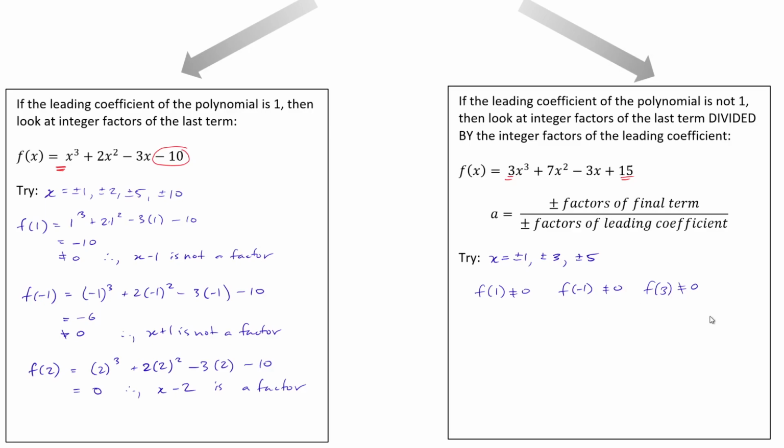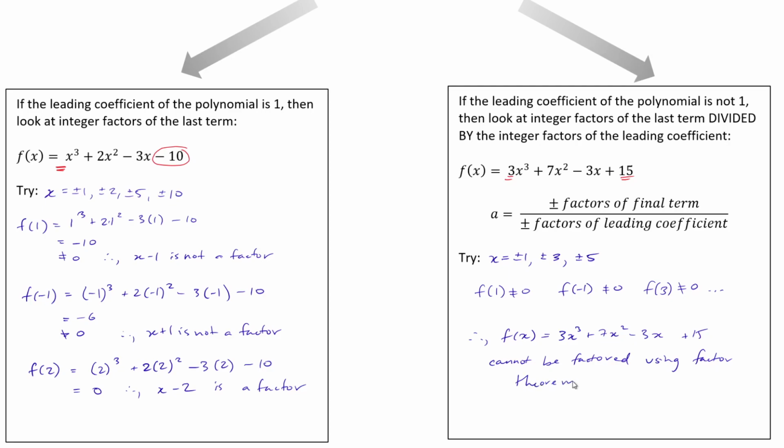So I'll just put ... here, indicating that we've tried all the other possibilities. And so therefore, f of x is equal to 3x cubed plus 7x squared minus 3x plus 15 cannot be factored using factor theorem.